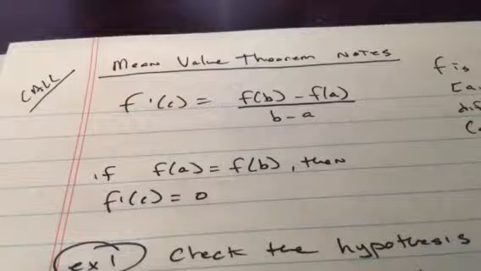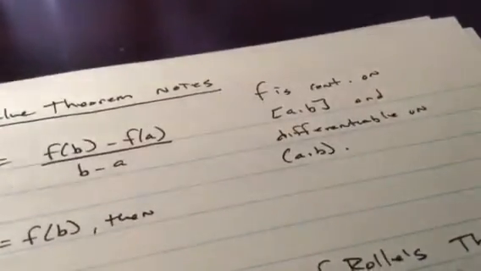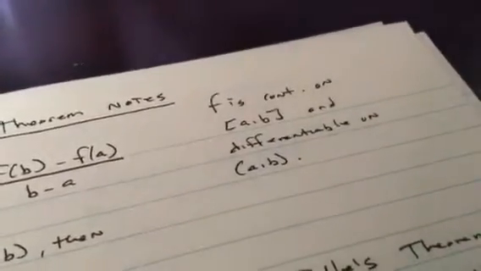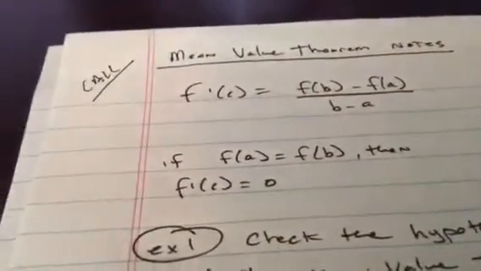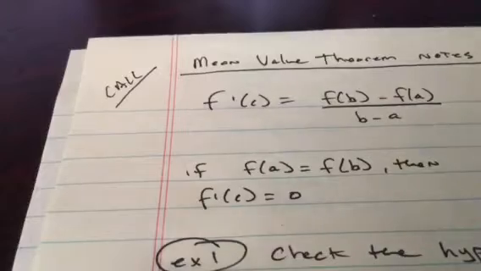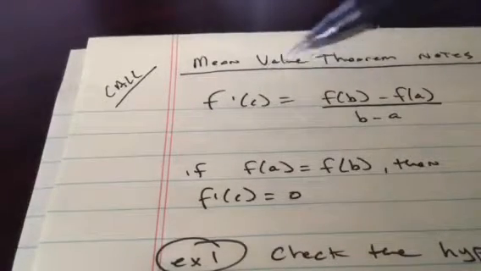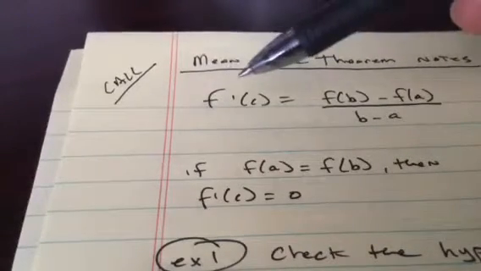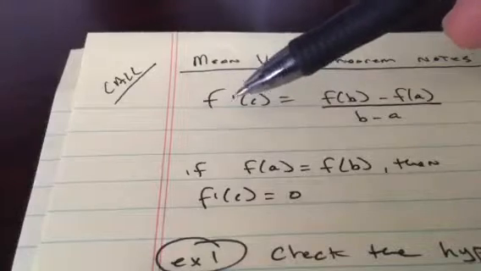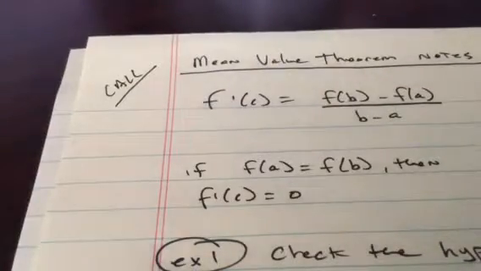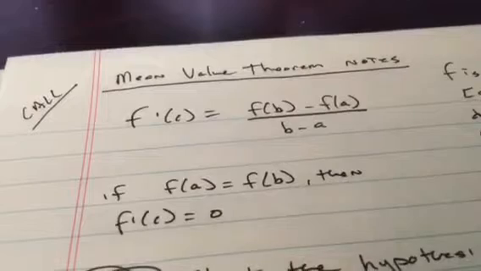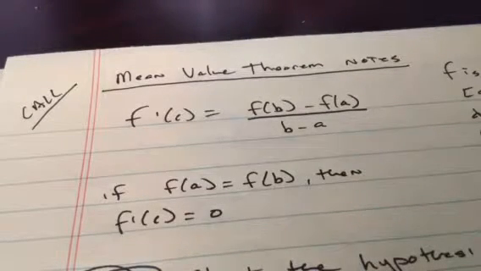All right. We talked about the mean value theorem yesterday, folks, and that says that if f is continuous on the interval a to b and differentiable on the interval a to b, then there exists some point c that's in between a and b, such that if I take the derivative of my function and plug c in, I'm going to get the same answer as the slope from a to b.